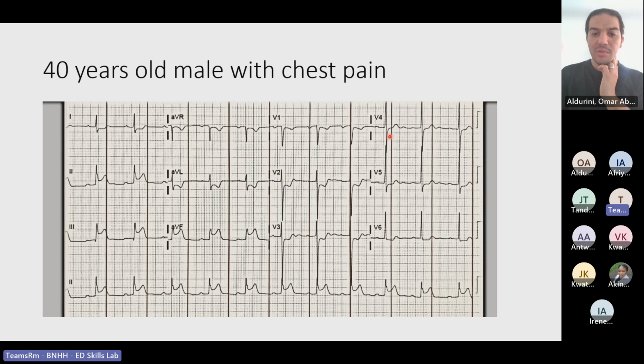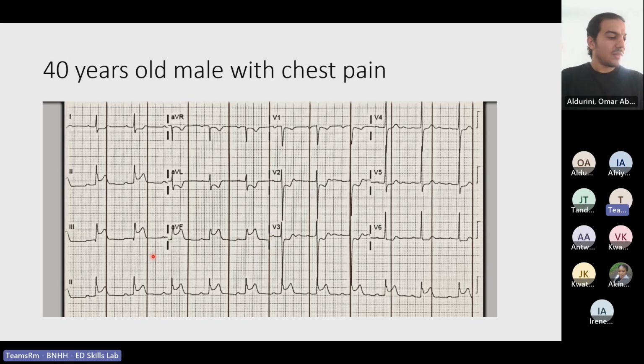And the anterior wall has ST segment depression in part of it, okay, in V2 and V3. And the lateral wall in the chest leads has also some slight ST depression. So this is an inferior STEMI, inferior ST segment elevation myocardial infarction, with reciprocal changes, what we call a mirror image.